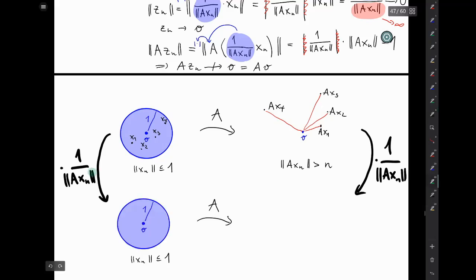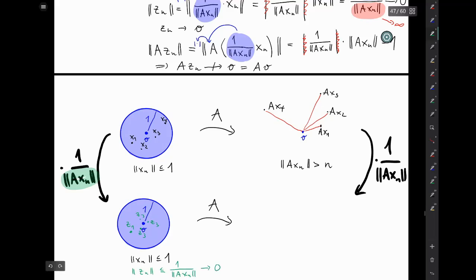And because this denominator here is going to infinity, this is dragging your points more and more towards 0. So z1 is maybe here, and then z2, z3, and so on, like we computed, have a norm that is going to 0.